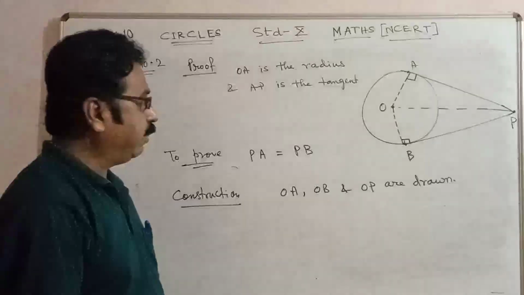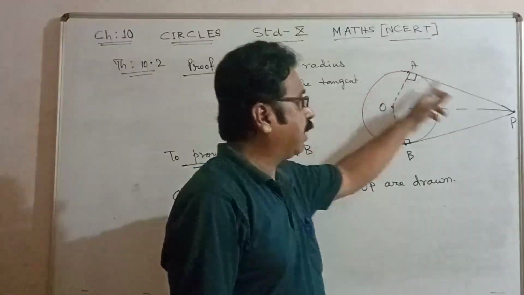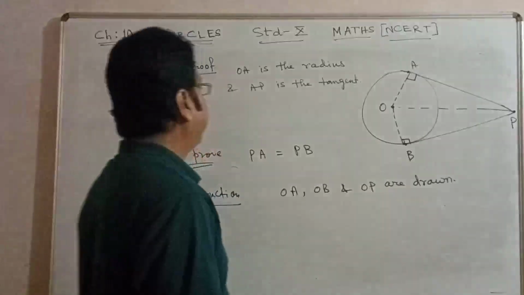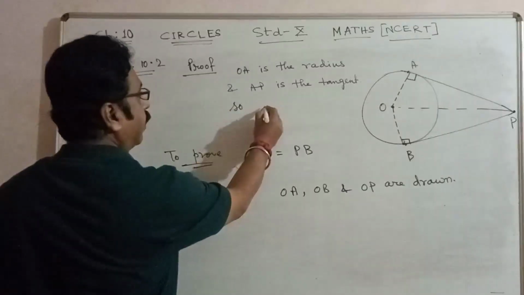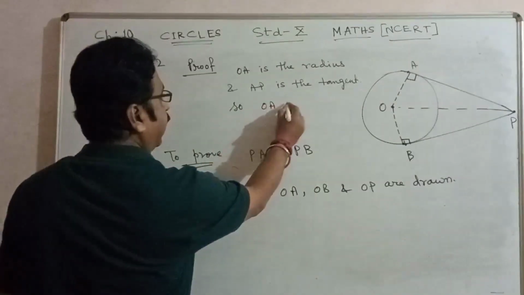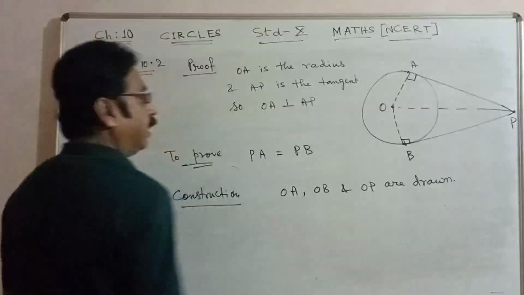In theorem 10.1 we proved that radius is perpendicular to the tangent. So OA is perpendicular to AP.